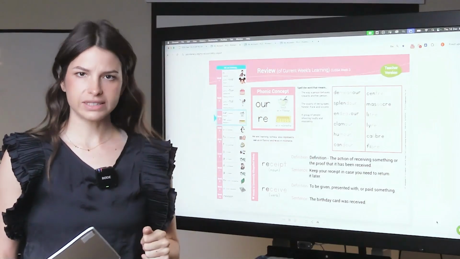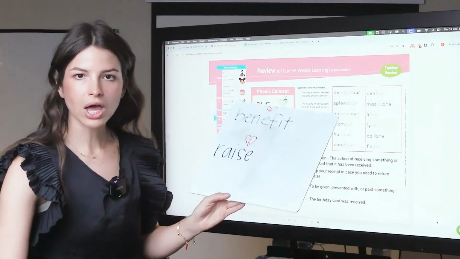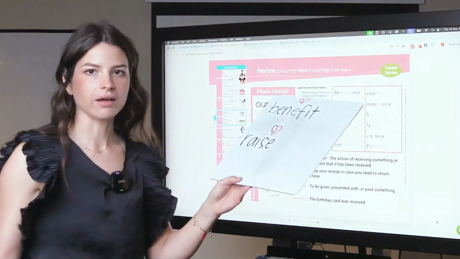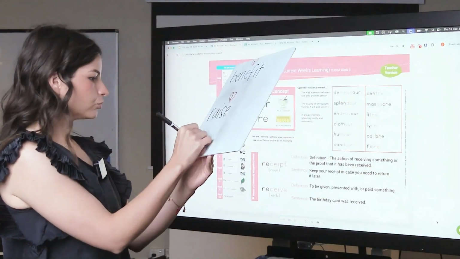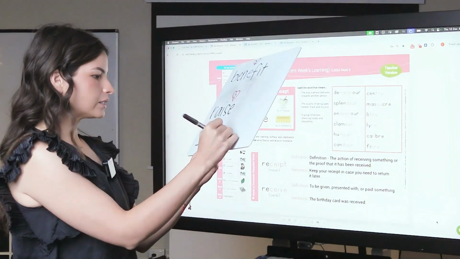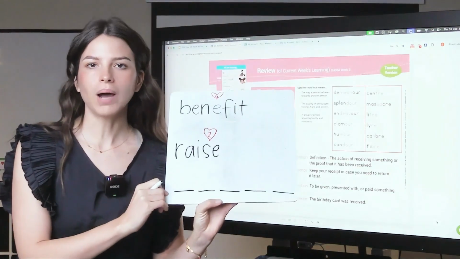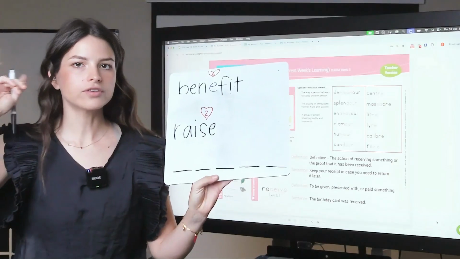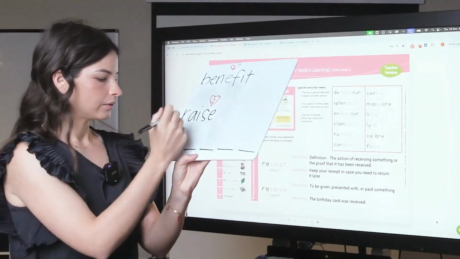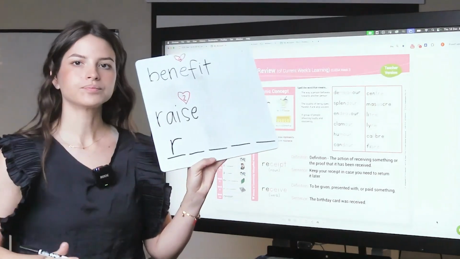Receipt. Okay, let's do lines on our board to represent the sounds. Let's fill in the easy parts first. What do you hear first? Let's write in here.